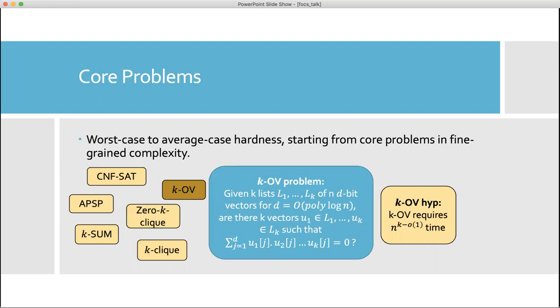Given k lists L1 through Lk of n d-bit vectors, for d on the order of polylog n, are there k vectors u1 through uk such that the sum over j of u1[j] through uk[j] multiplied together is 0, or in other words, these k vectors are orthogonal. The k-OV hypothesis says that k-OV requires n to the k minus o(1) time.